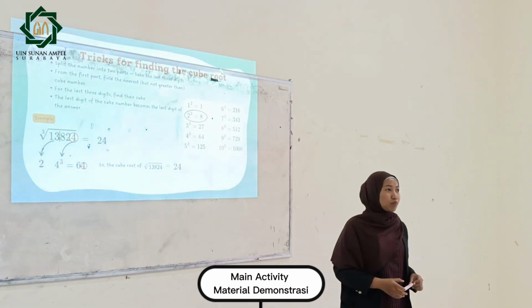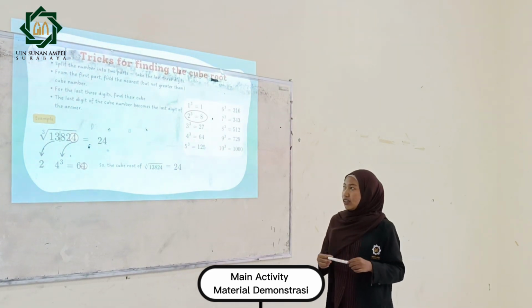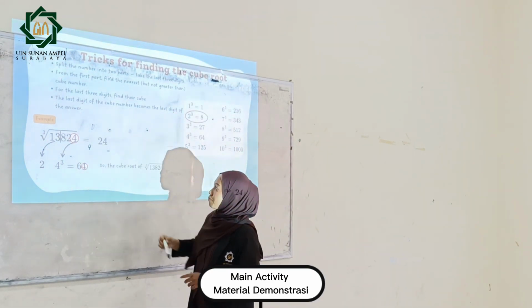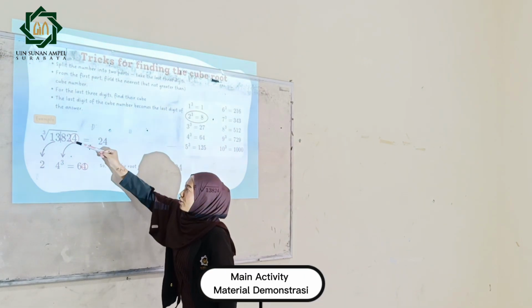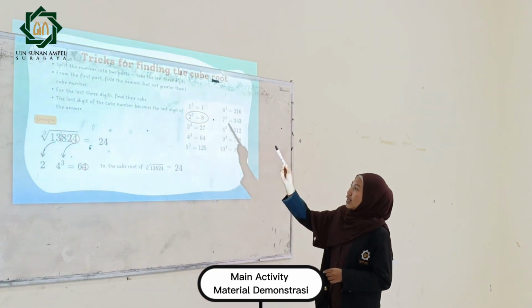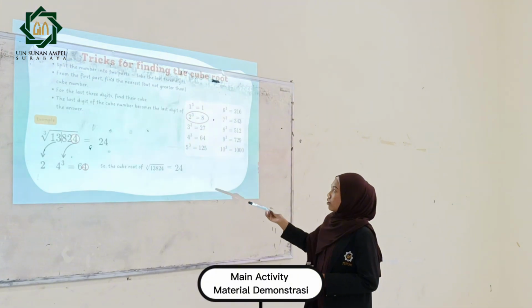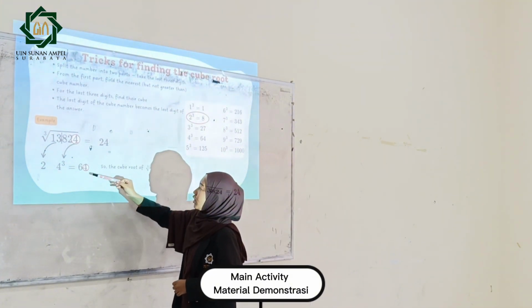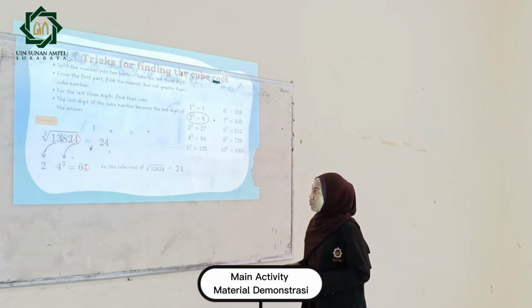And next step, look at the last 3 digits, which is 824. See, 4. For the last 3 digits, find their cube. 4 cubed equals 64.